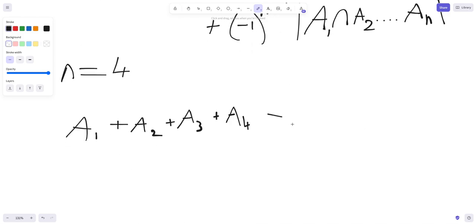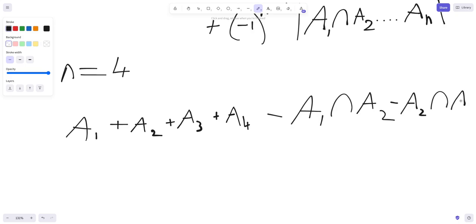And then we look at the next part where we're subtracting all the double intersections that we have. So that would look like A1 intersection A2, minus A2 intersection A3, minus A1 intersection A4. Should have probably got an order, but that's okay.